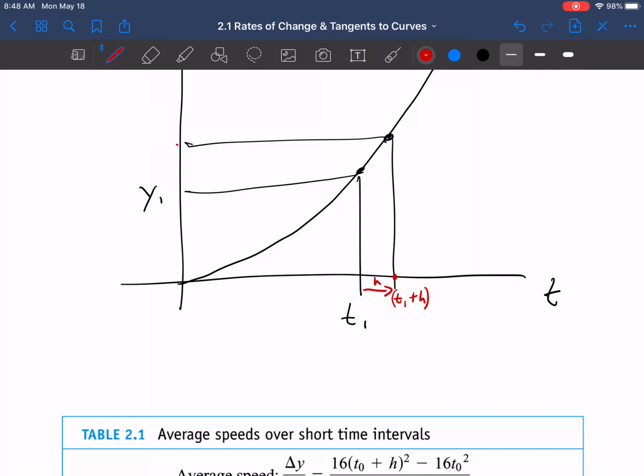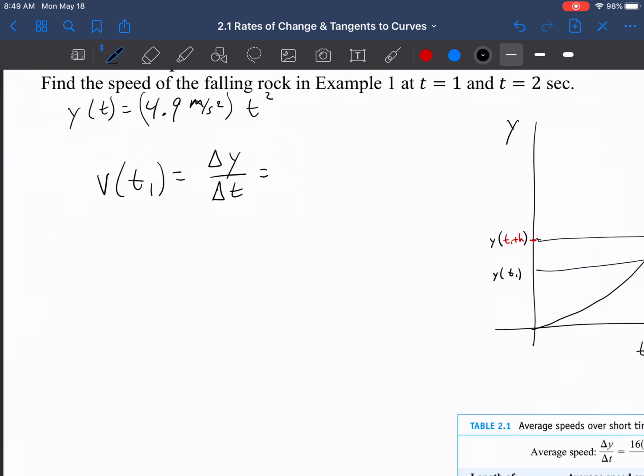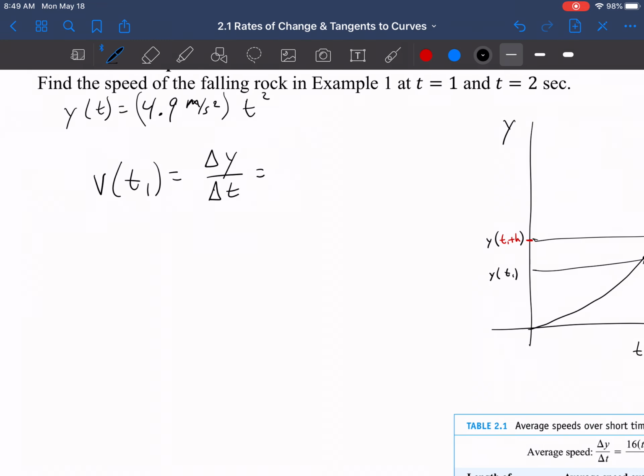And then the corresponding y value, not just being y1, this one would be y of t1. This one's going to be y of t1 plus h. Okay, so we get something like that, where we're looking at two close together points. And so what I can do is come back over here and say, all right, it's change in position.